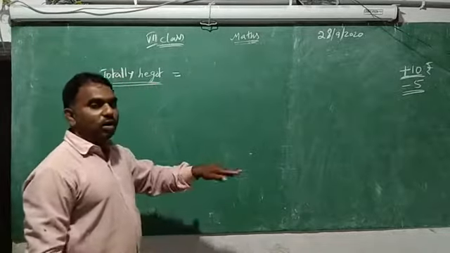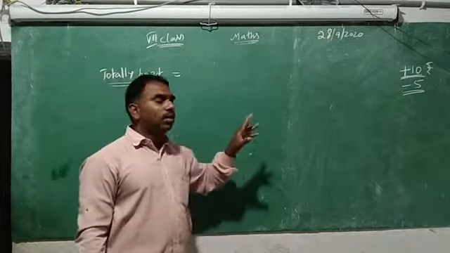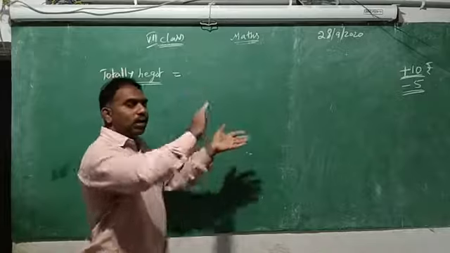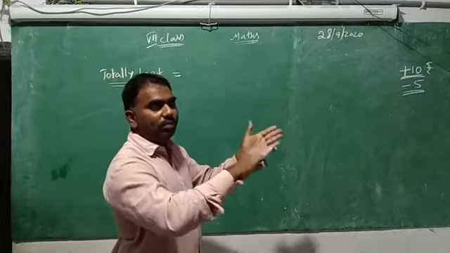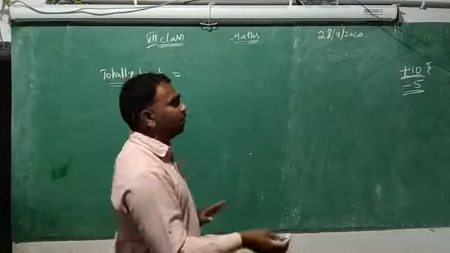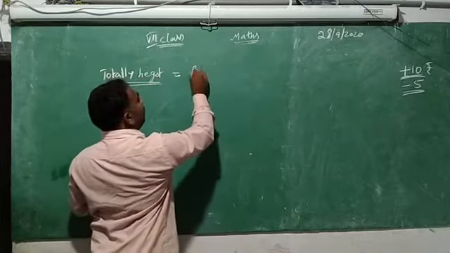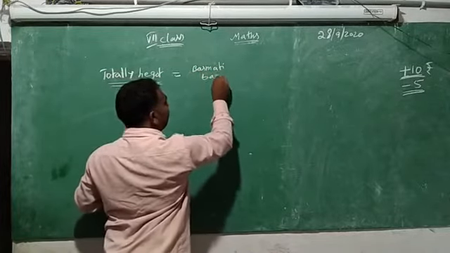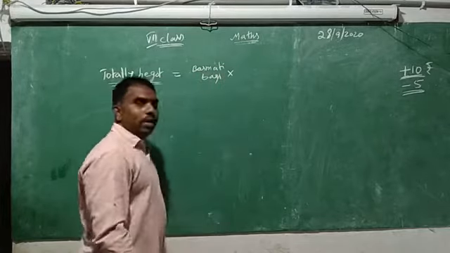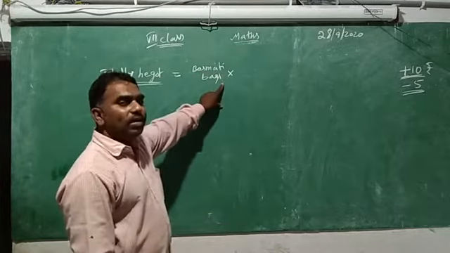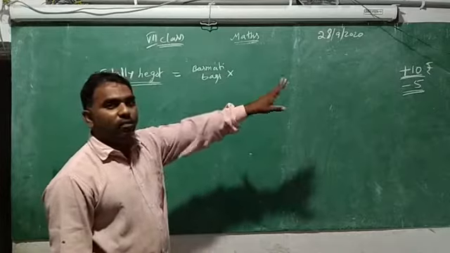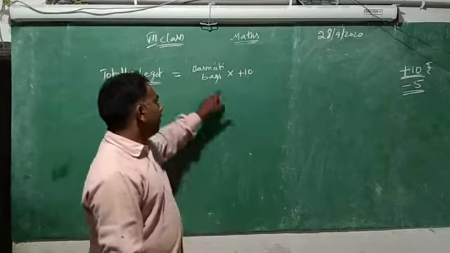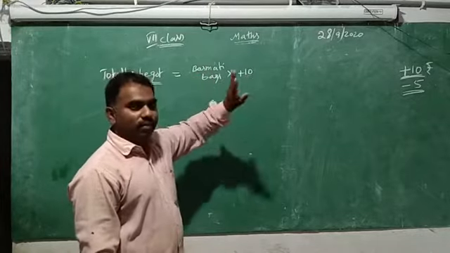Just before that you prepared the total marks formula like that. How do you find totally he got? Simple, there are two types here: one is basmati, another one is non-basmati. So what will you write here? Basmati rice bags into, by selling the basmati rice bags, what is he getting? 10 rupees profit. That's why you write plus 10: basmati rice bags into plus 10.